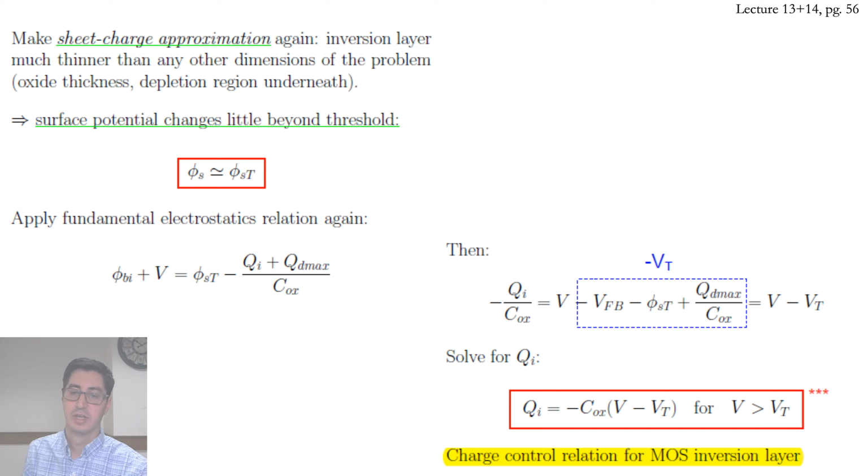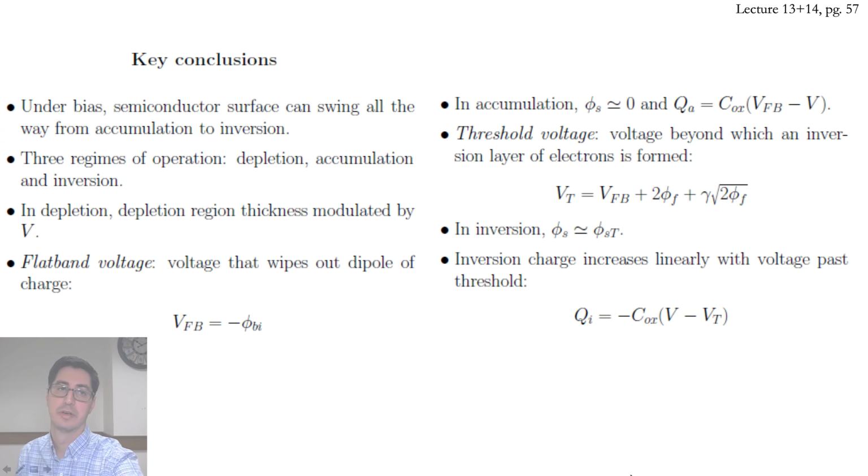If I double my voltage past threshold, I have twice as much inversion charge. There's a negative here because my inversion charge is electrons, and electrons are negative.